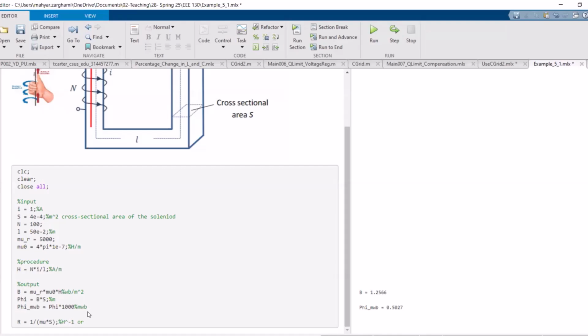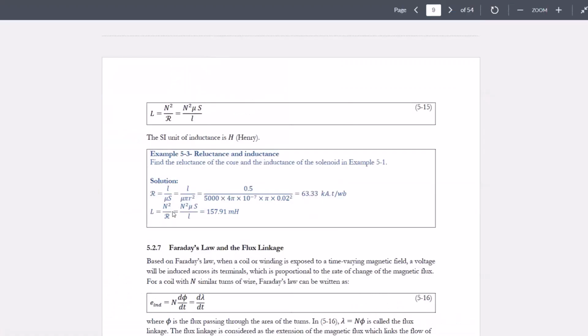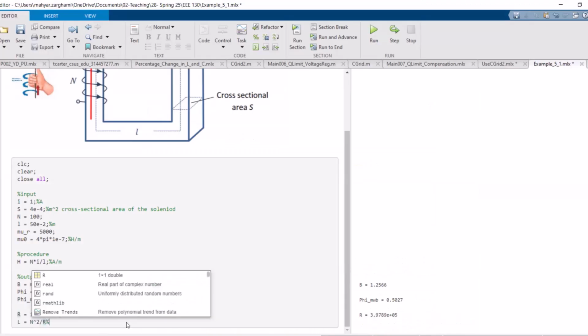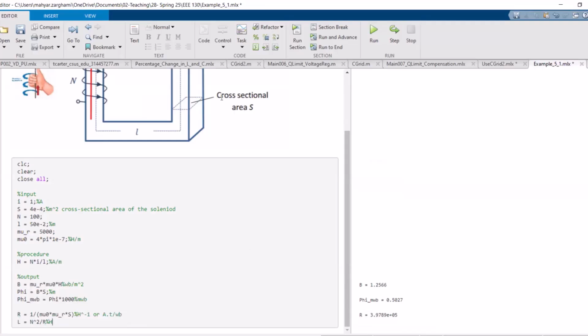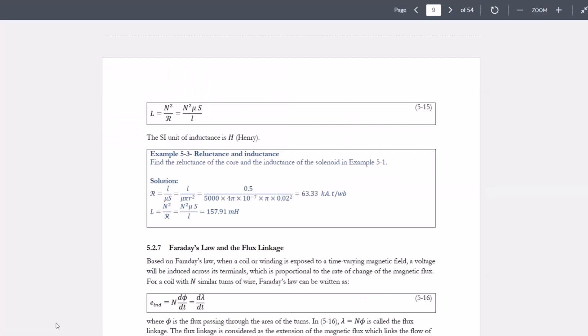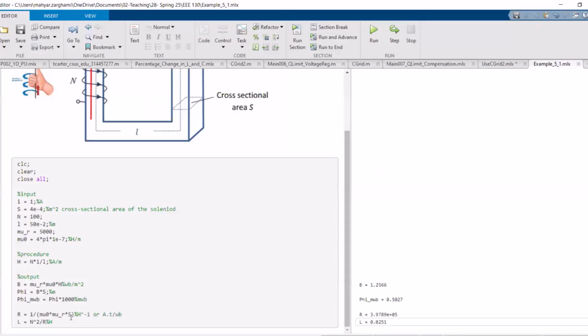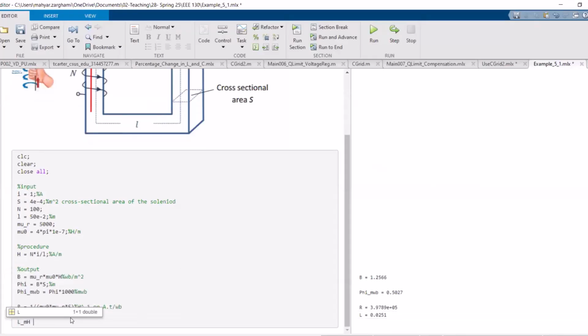Or ampere turns over Weber. So let's just use mu 0 times mu R. And then L would be N squared over R, in Henrys, right? It becomes this much in Henrys. Or if you want to do that in millihenries, you would just multiply L by 1,000.